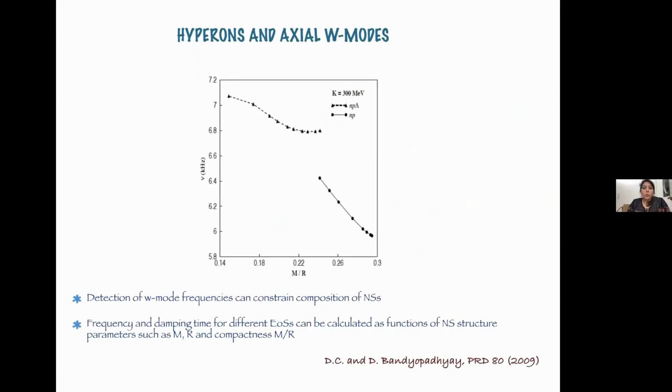I had also probed hyperons and their effect on axial w modes, and one can use axial mode frequency and damping timescale observations to differentiate between equations of state with and without hyperons.